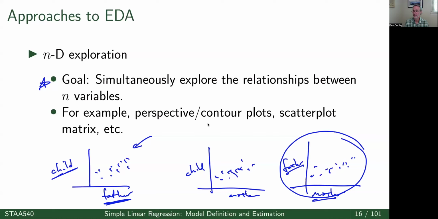Galton was driven by biology, by genetics, and how the father's genes that make him tall are passed along to the child. And so the idea of what's explanatory and what's response is very much driven by the question that's being asked. In this setting, it's clearly the child's height that would be the response.